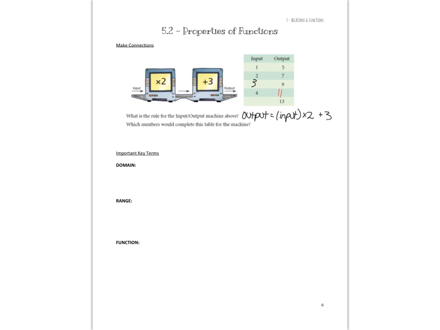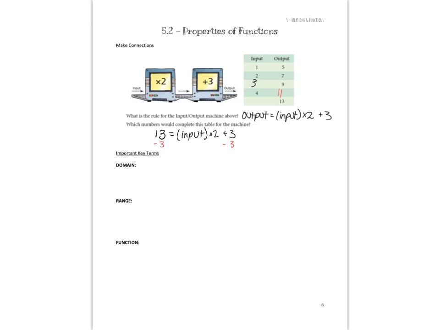So that works. The mathematical way to show this would be putting in what we know for the output in our equation. So in the other case, we could have 13 is equal to some input times 2 plus 3. To solve for input, we need to do BEDMAS backwards. So we are going to subtract 3 from both sides. So we're going to take care of the addition statement by subtracting.